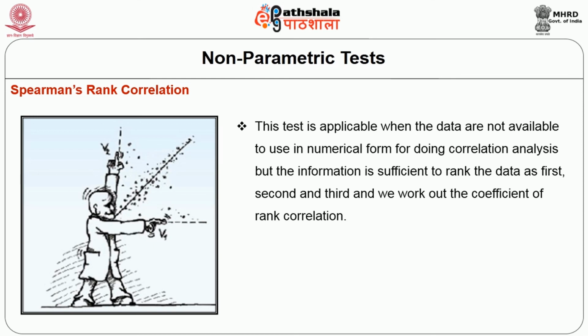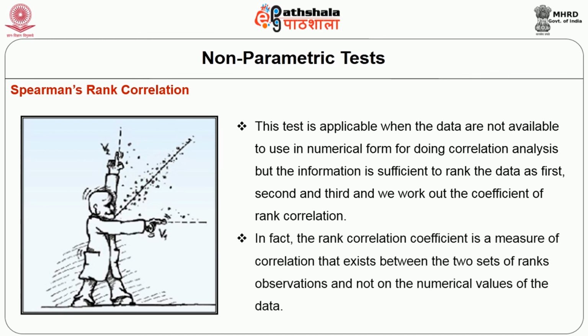This test is applicable when the data are not available in numerical form for doing correlation analysis, but the information is sufficient to rank the data as first, second and third, and we work out the coefficient of rank correlation. In fact, the rank correlation coefficient is a measure of correlation that exists between the two sets of ranks of observations and not between the numerical values of the data.